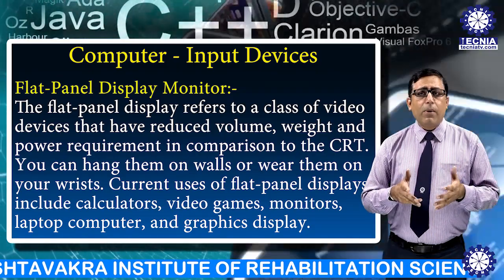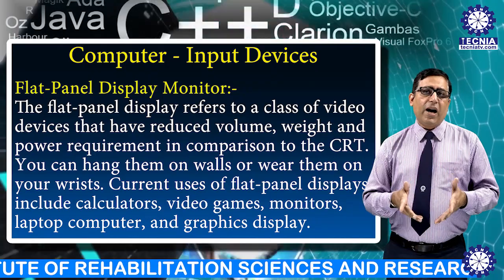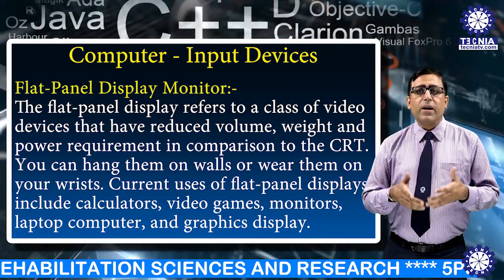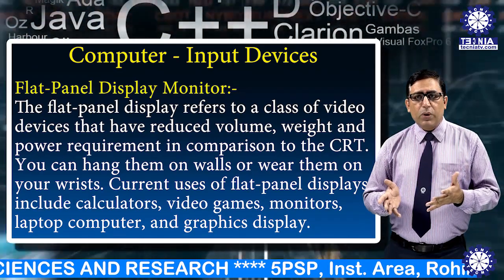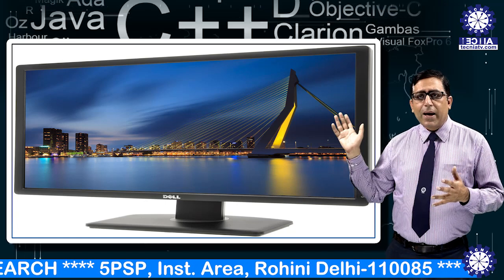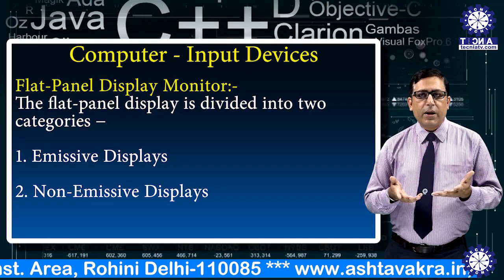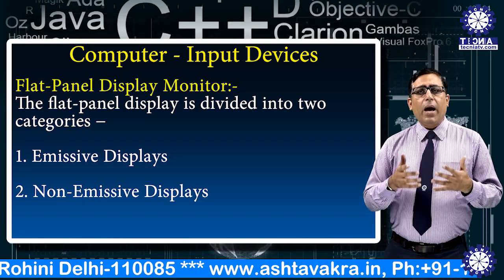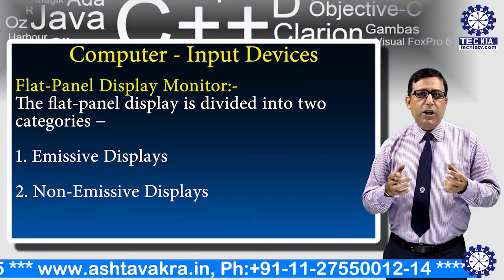You can hang them on walls or wear them on your wrists. Current uses of flat panel displays include calculators, video games, monitors, laptop computers and graphic display. Now you can see the diagram of this. The flat panel display is divided into two categories. Emissive displays. Emissive displays are devices that convert electrical energy into light.